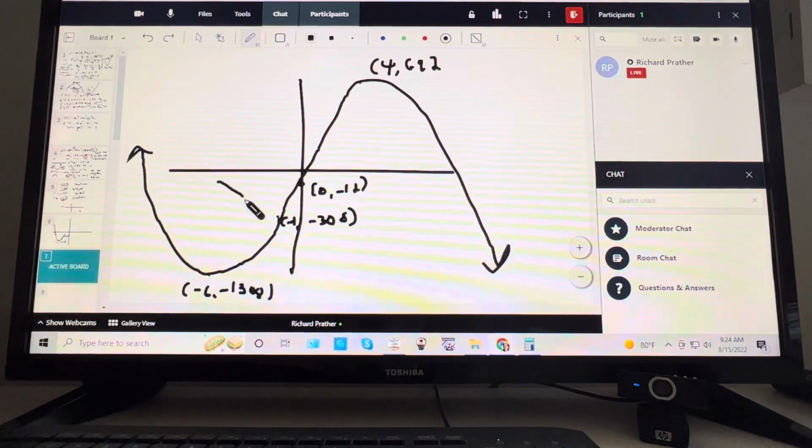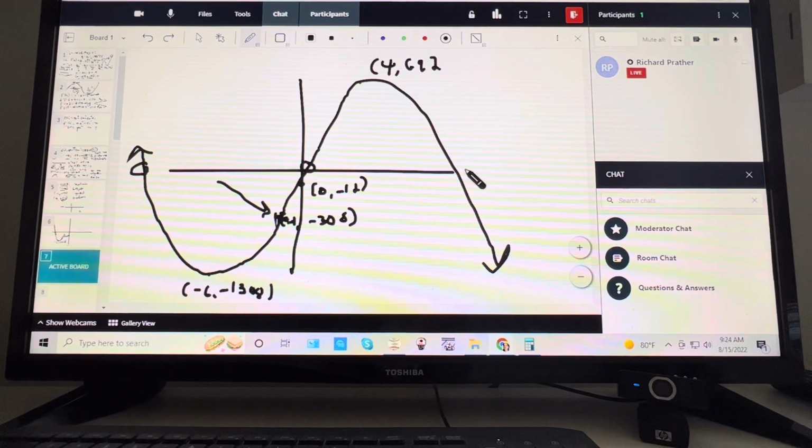This spot right there is when it switches from concave up to concave down, which college algebra students don't know. And then I go through my y-intercept, and then there can be 1, 2, 3 x-intercepts.